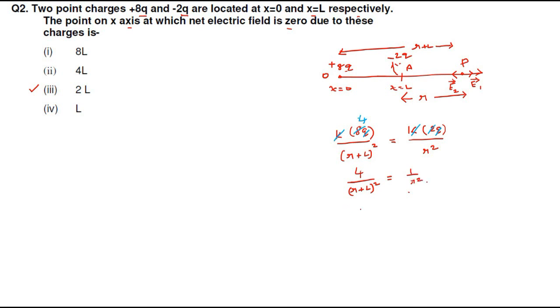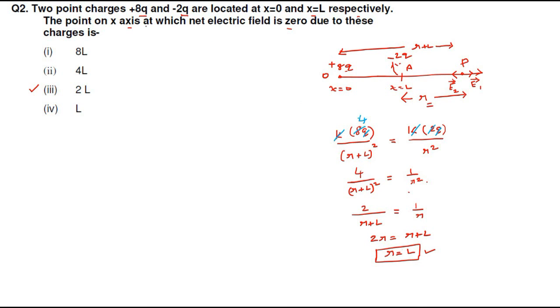Now take the square root: 2 by R plus L is equal to 1 by R. Now cross multiply: 2R is equal to R plus L. 2R minus R is R, so R is equal to L.